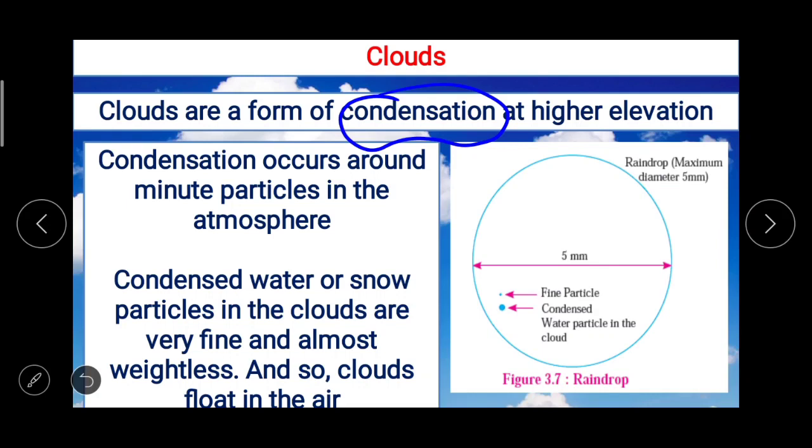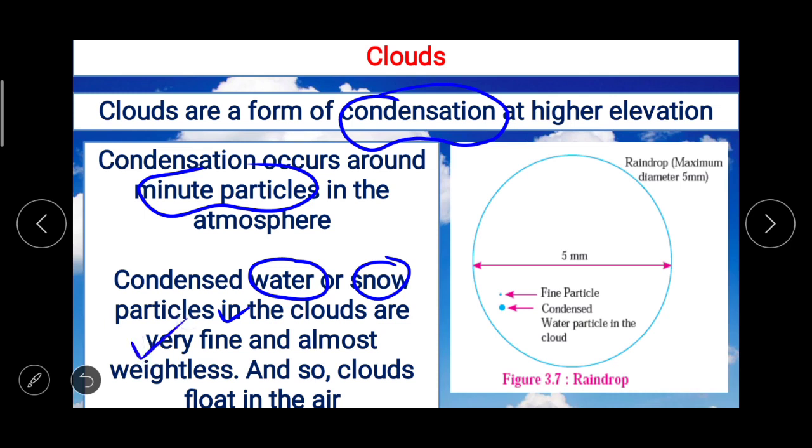The process of changing of water vapor in the air into water is called condensation. So clouds are a form of condensation at higher elevation. Condensation occurs around minute particles in the atmosphere, and condensed water or snow particles in the clouds are very fine and almost weightless.